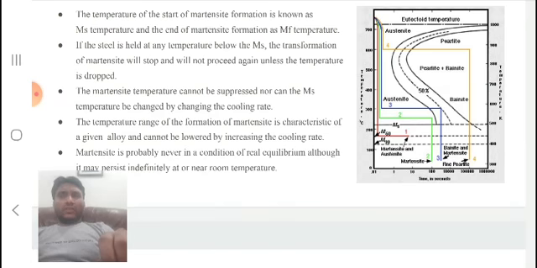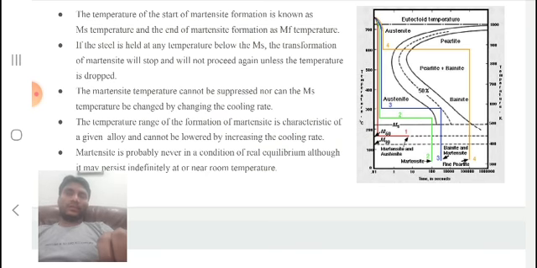Without changing the composition of the steel, for example if we take 0.4% carbon steel, keeping the 0.4% carbon as it is, with the same composition I can get RC15, RC20, or RC60. All this is based only on the cooling rate and the temperature at which the steel is held to transform the austenite into the required microstructure.